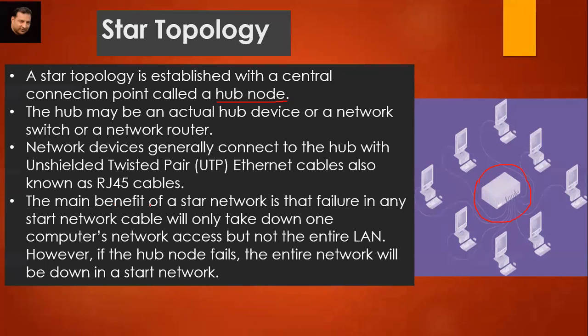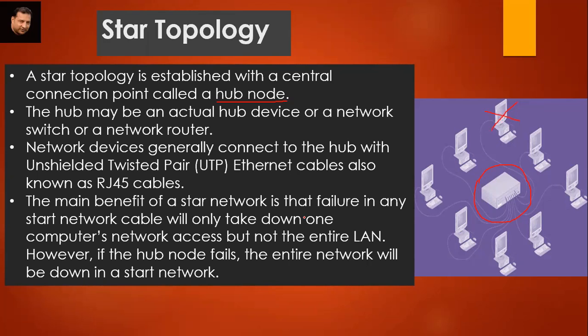Last point, the main benefit of a star network is that failure in any star network cable will only take down one computer's network access but not the entire LAN. It means suppose this computer fails. In that case, this will not be able to use network resources, but the whole network will not get disturbed.